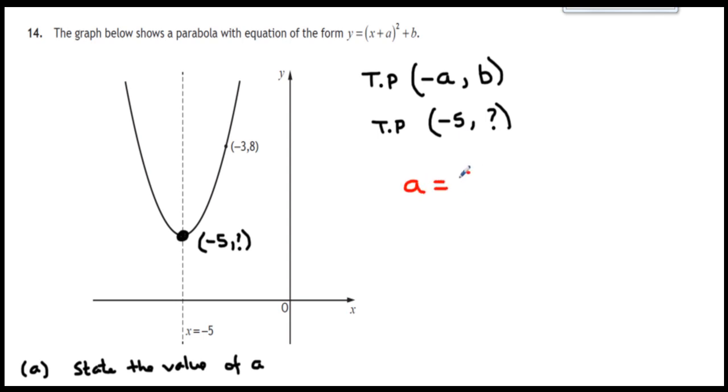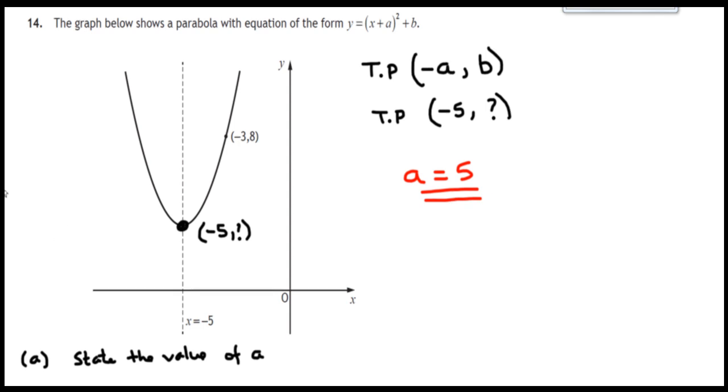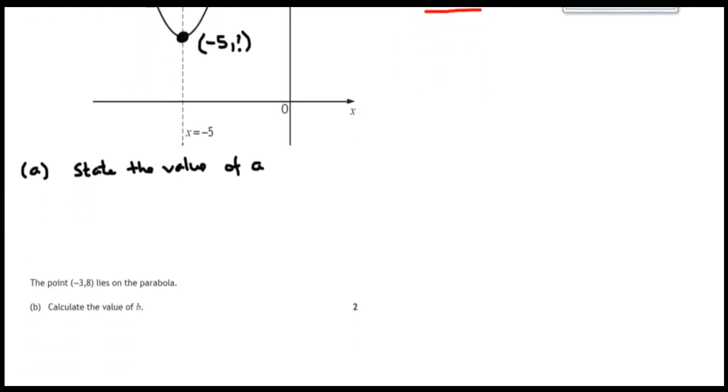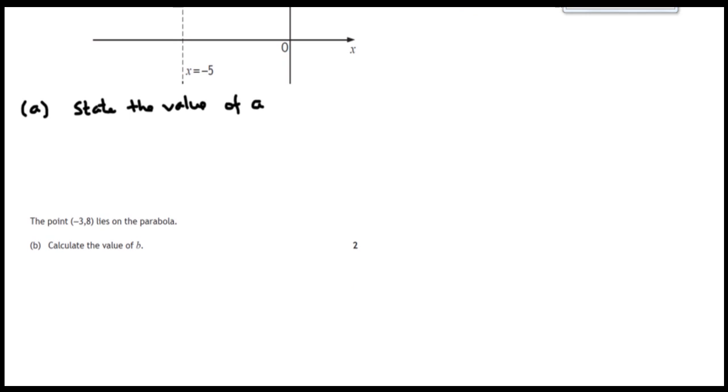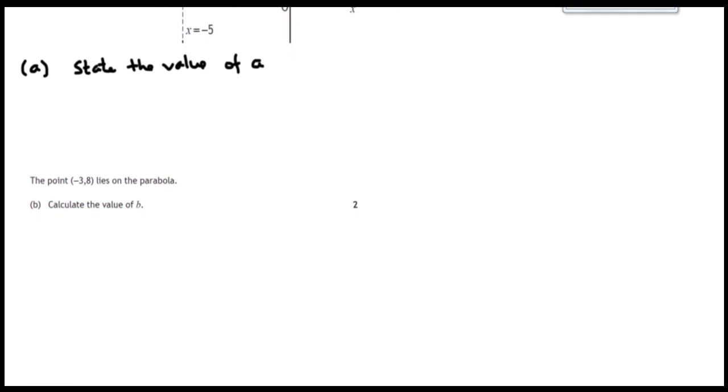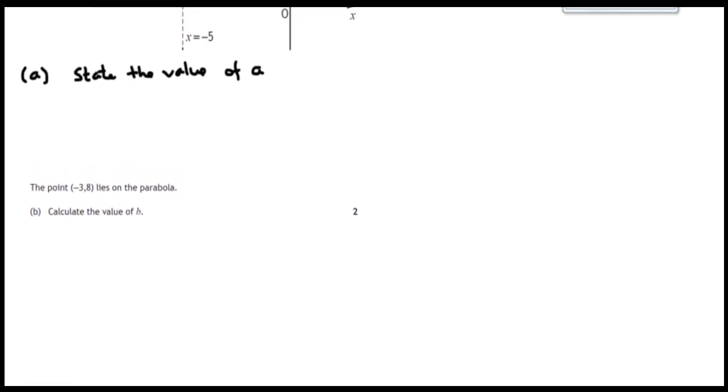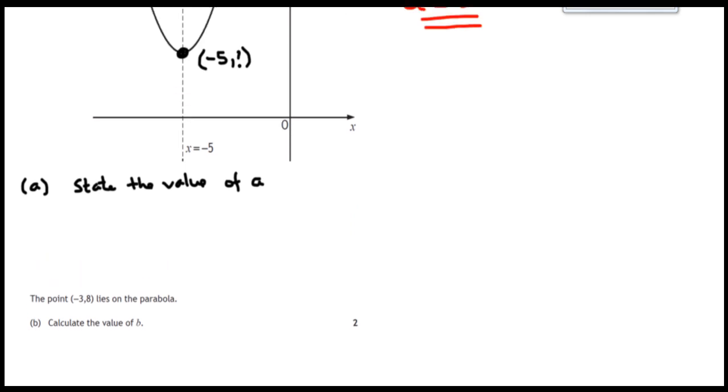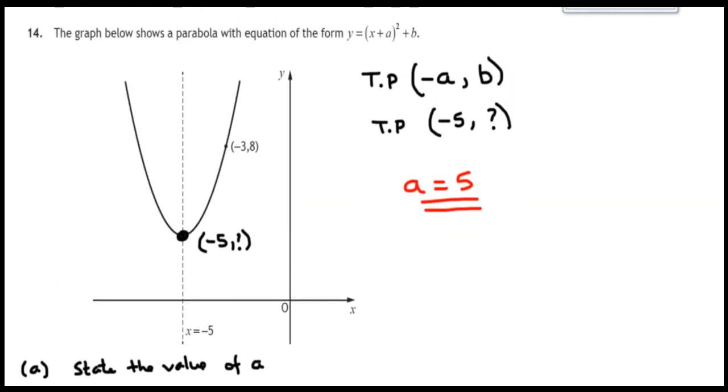Now for the next part, it says the point (-3, 8) lies on the parabola, so you've got to calculate the value of b. Now what do we know so far? Right, so if we go back up to that equation there, and we put in our 5, so I've got y is equal to (x plus 5) all squared plus b.